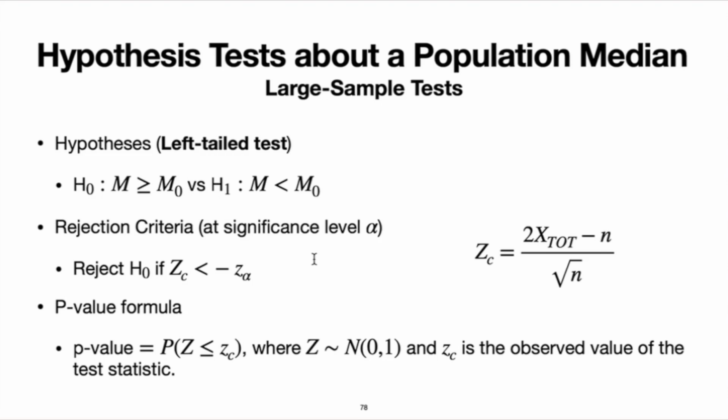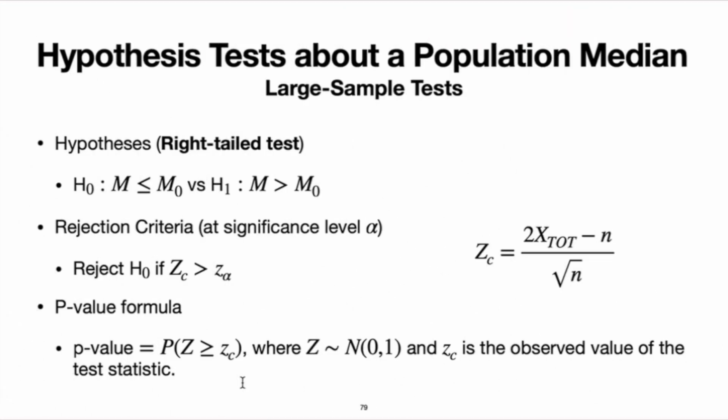And so the rejection criteria at a significance level of alpha would be to reject the null hypothesis if zcalc, which again is twice x tot minus n over the square root of n, is less than negative z sub alpha. The p-value formula for this test is given by the probability that the standard normal random variable z is less than or equal to the observed value of zcalc. And by the way, where would we get these probabilities? Well, we would get them from the standard normal table.